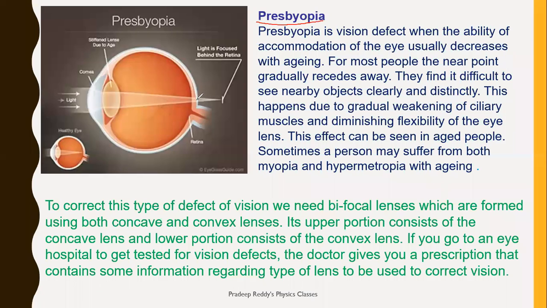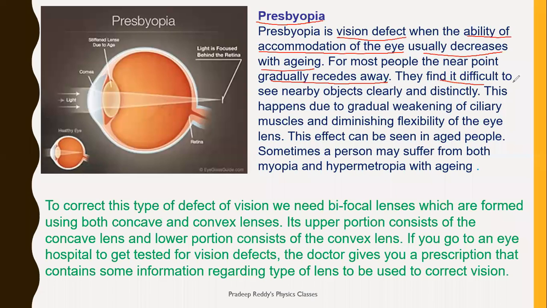But in case of presbyopia, what actually happens is, presbyopia is a vision defect in which the ability of accommodation of the eye usually decreases with aging. For most people, the near point gradually recedes away.